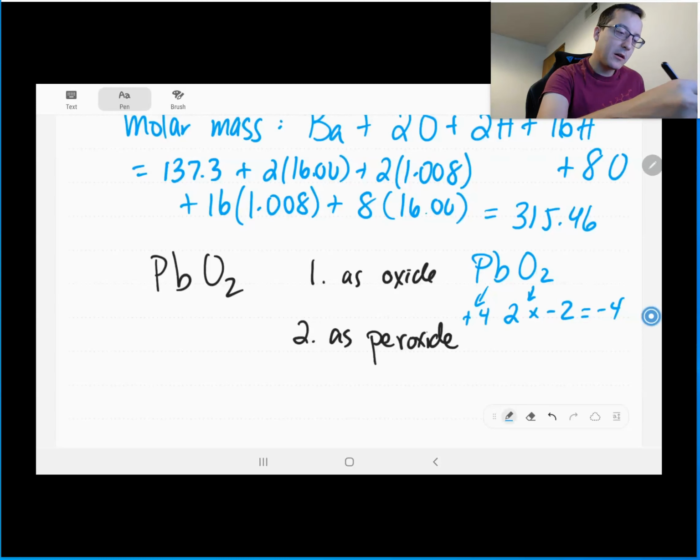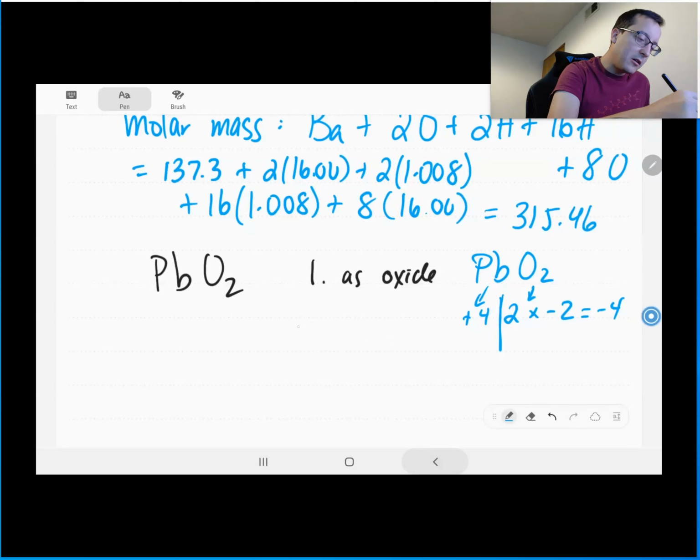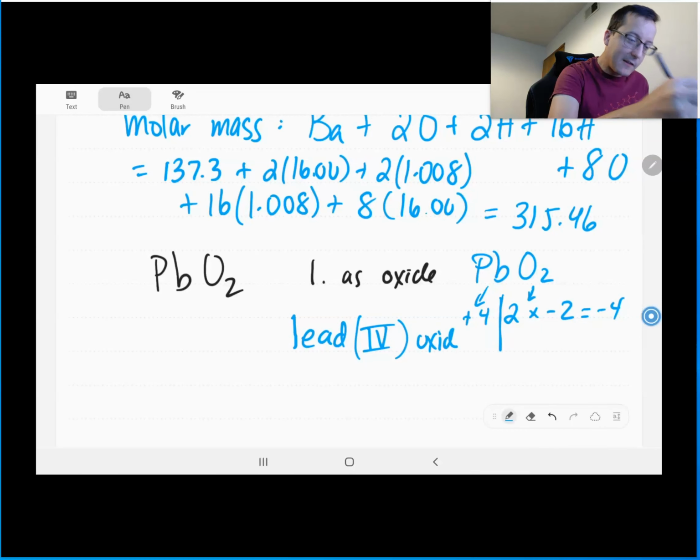Okay, so here I'm just going to make a little barrier there. I'm going to just erase our peroxide for right now. And so we would call this lead 4 oxide. So that is going to be one of our possible names for this guy.